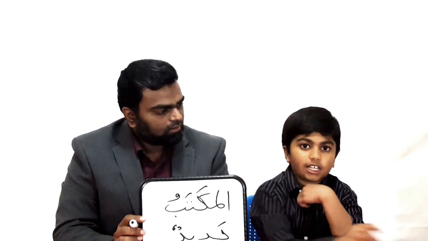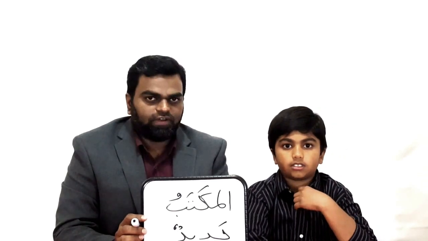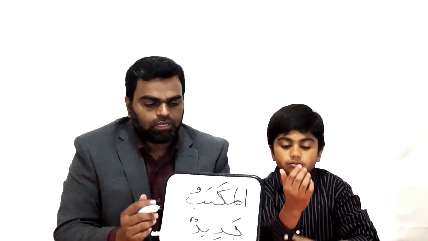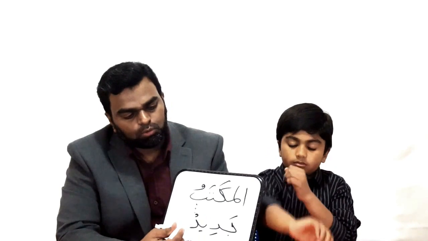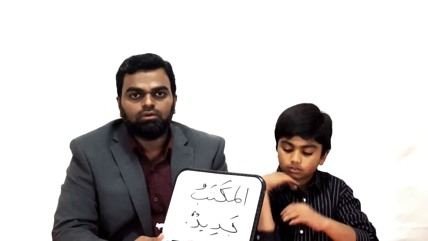That's the rule. But for a phrase, if the beginning has al and the last one has al, then that's a phrase, usually an adjectival phrase. So notice here, al-maktabu jadidun.